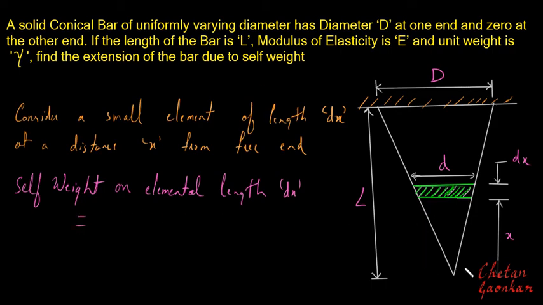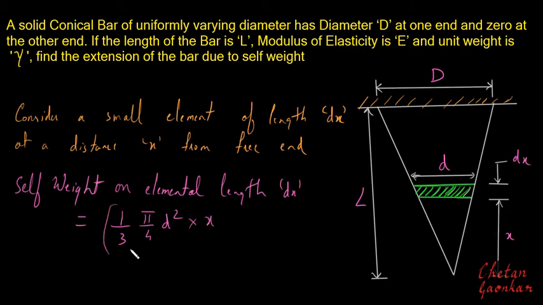So how do we give the volume of a cone? Volume is given by 1/3 of base area multiplied by height. Base area is pi by 4 d square, and the height is x.